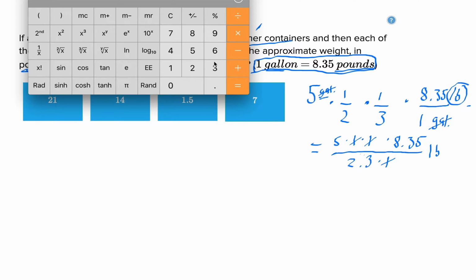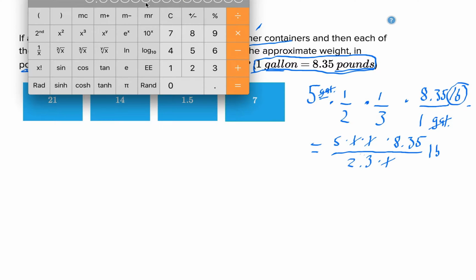So 5 times 8.35 equals, and we know that 2 times 3 is 6, so we divide this number by 6. We're left with 6.958 and so on.